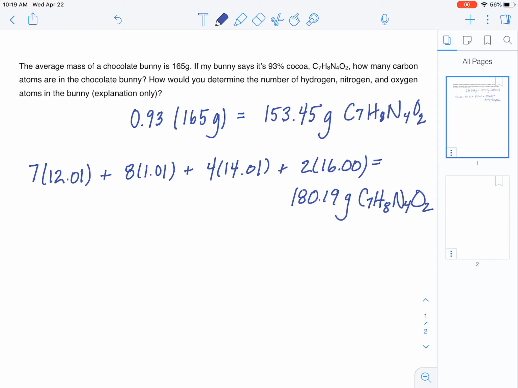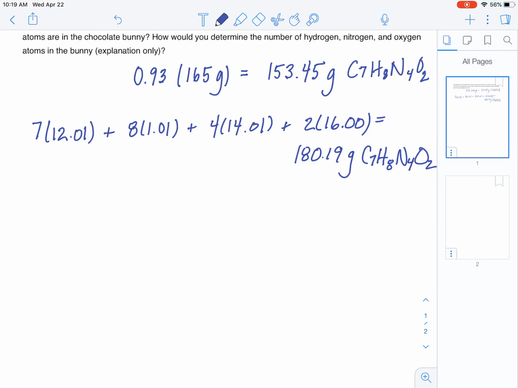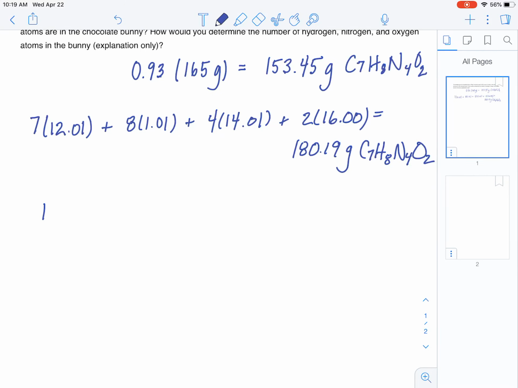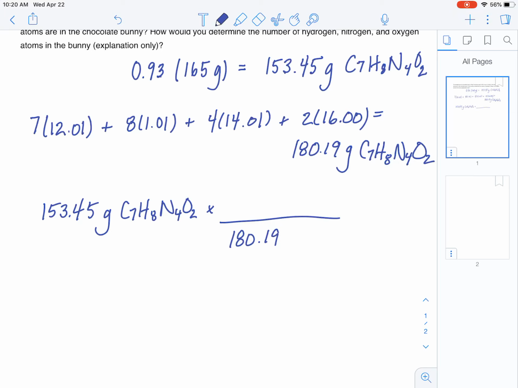All right. So, if our chocolate bunny is only 93% cocoa, and we know that there are 180.19 grams per every 1 mole of cocoa, we can convert from mass into moles. So that's going to be our next step in solving this problem. And we're going to go ahead and start with the mass of the cocoa in our bunny, and convert from that mass into moles using a mole ratio.